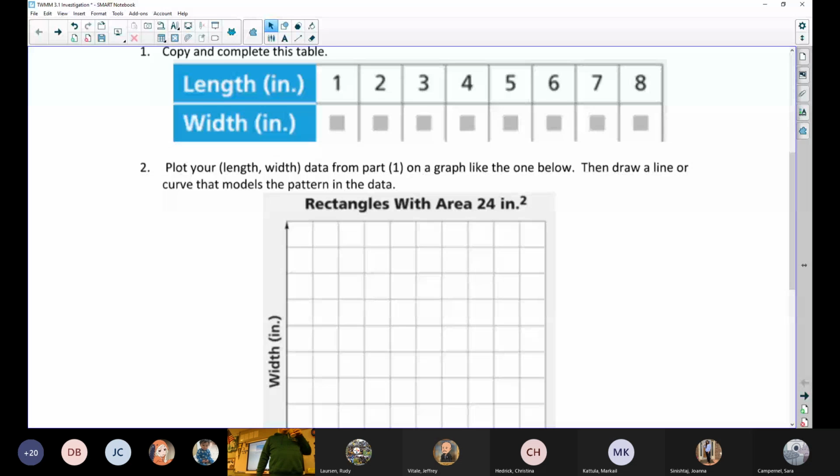It's the same formula. You do length times width. Very good. Area equals length times width. So if the area is 24 and our length is 1 inch, what would be our width?